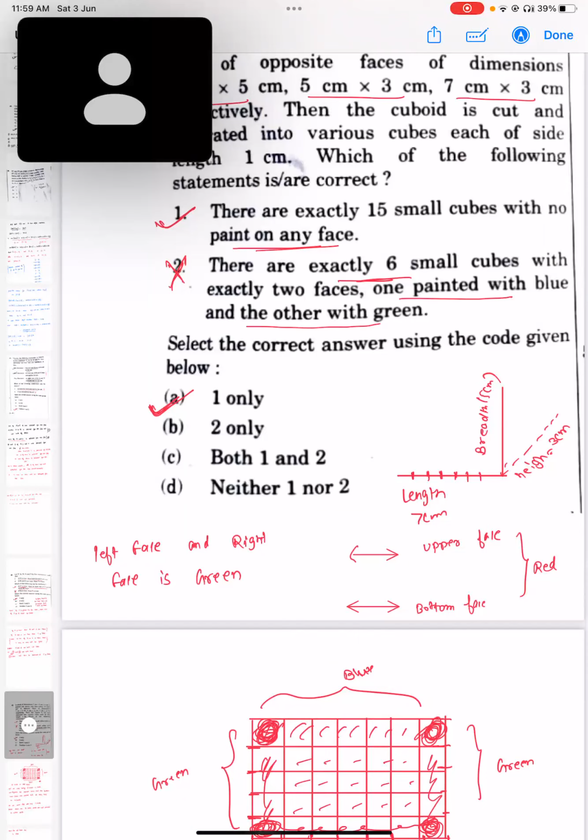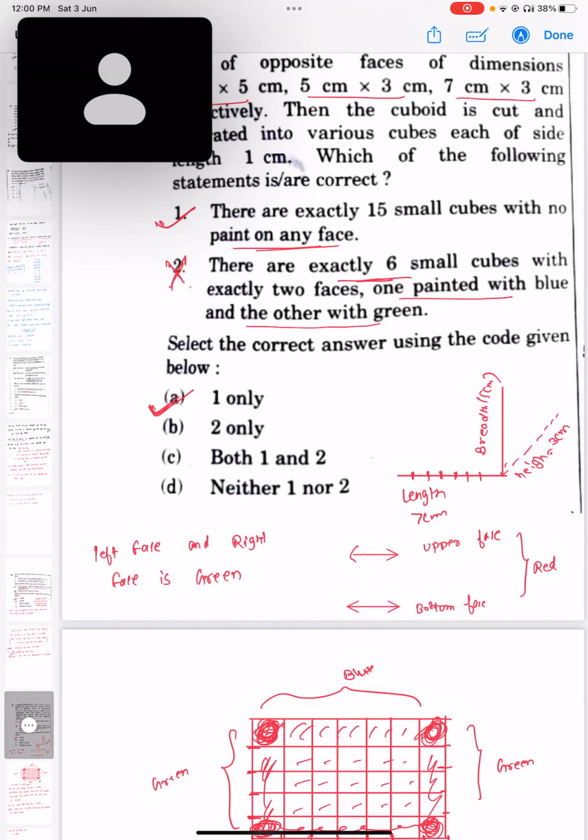Now just paint it in your mind, and you will see that the topmost layer will have 3 faces painted at the corners. Similarly for the bottommost layer. So we are left with only the middle layer, with 4 cubes having exactly 2 faces painted.